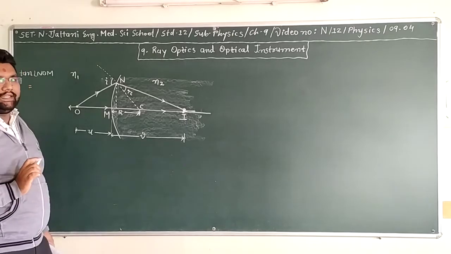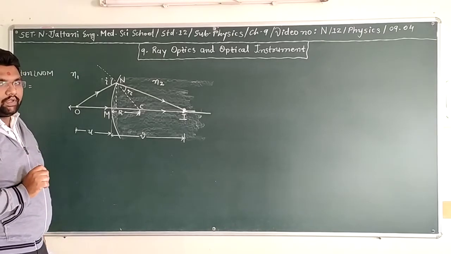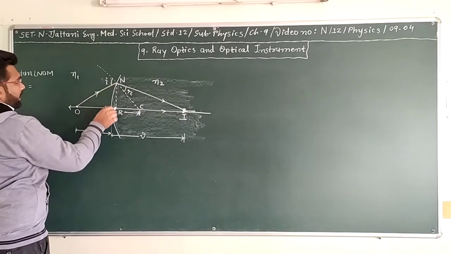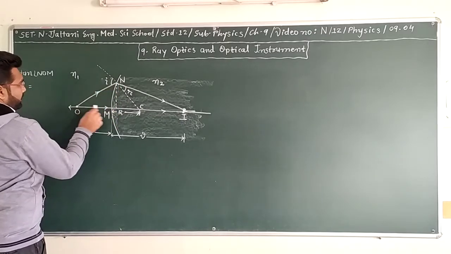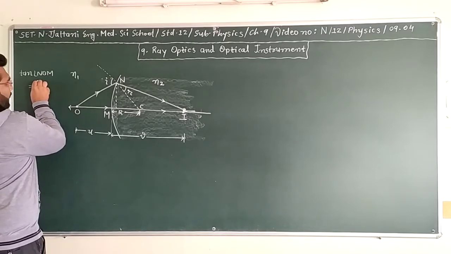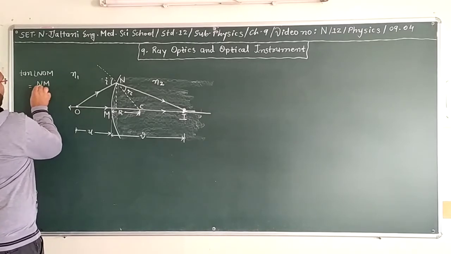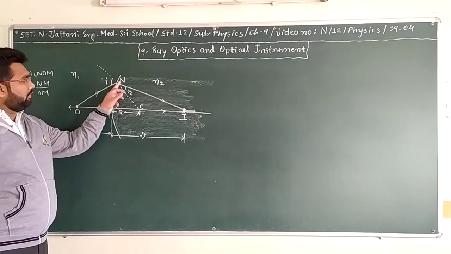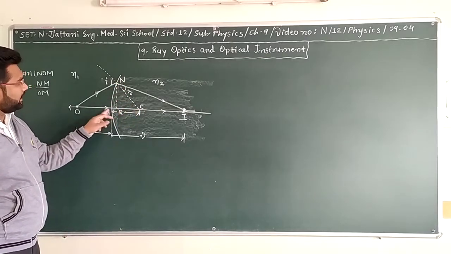The formula of tan is opposite upon adjacent. The opposite side is NM and the adjacent side is OM. So we can write tan NOM equals NM upon OM.